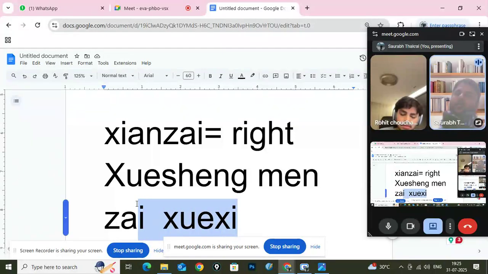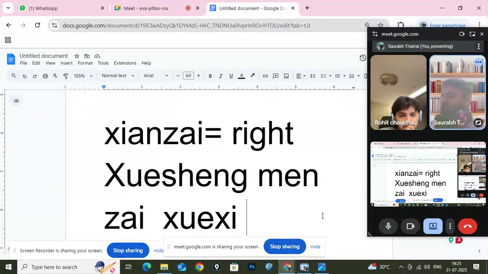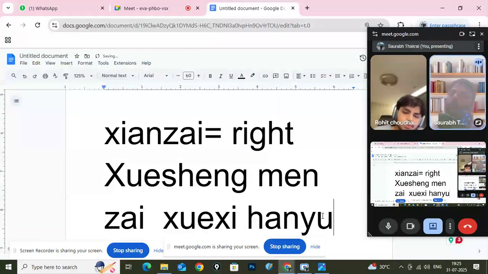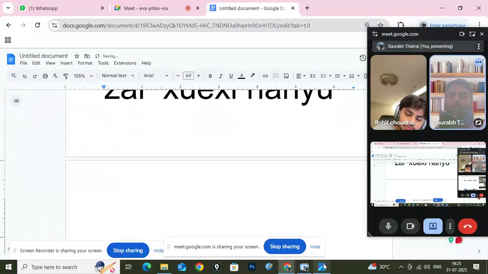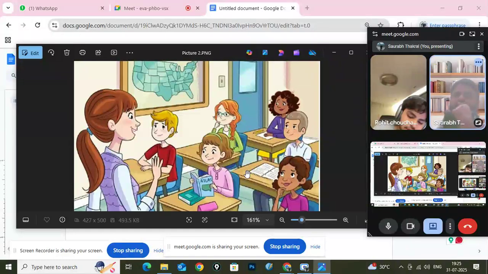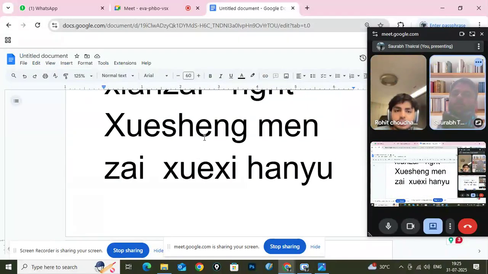We can also add an object because so far there is no object here. What object can we add here? Chinese. What is Chinese? No, that is country China. Hanyu. They are studying the language. Okay, what else can we say? What does men do? Men is the suffix for plural.